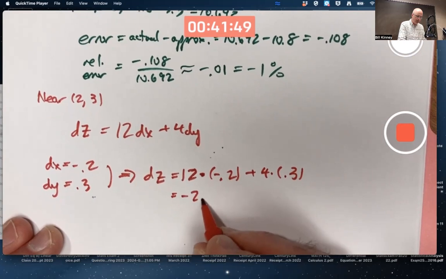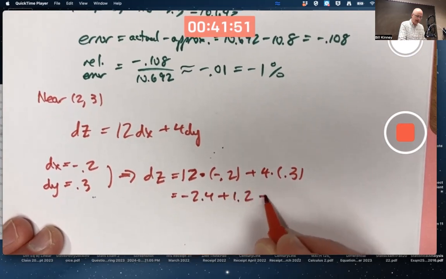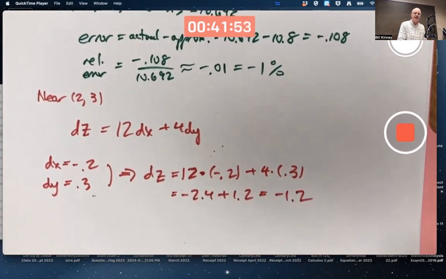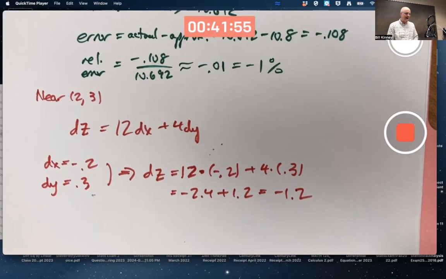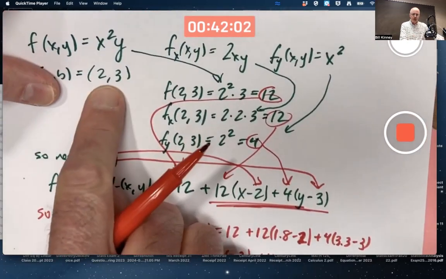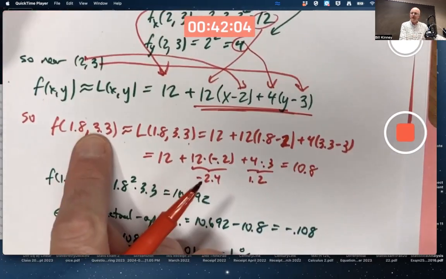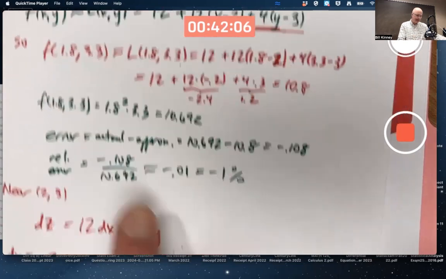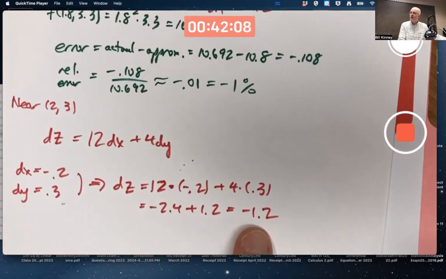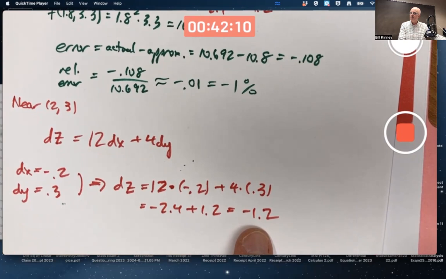Again, negative 2.4 plus 1.2, which is negative 1.2. In other words, we're expecting as the point changes from (2, 3) to (1.8, 3.3) that the function value will go down by about 1.2. That's how you want to conceptualize it.